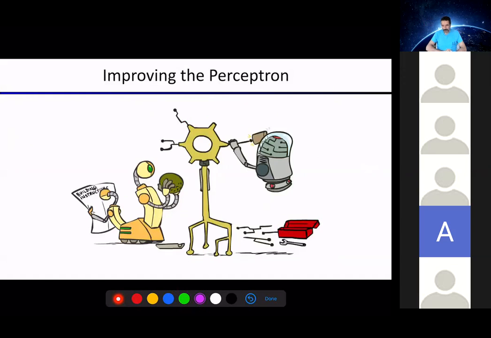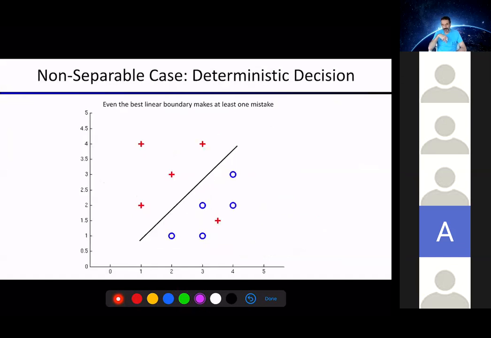So we want to fix them to make them probabilistic, and somehow we want to have some clue that, even though this is not the best linear boundary, can we reason that, okay, it makes one mistake and one mistake is better than two mistakes?